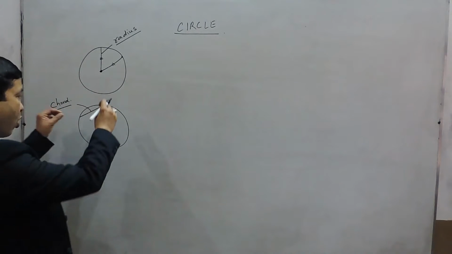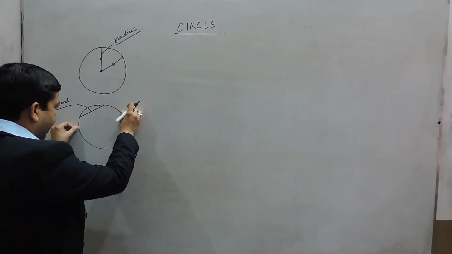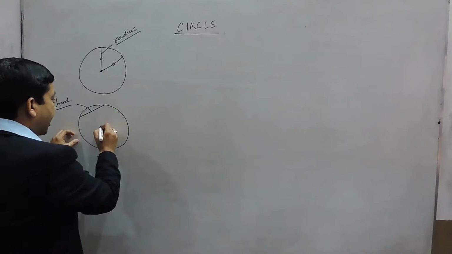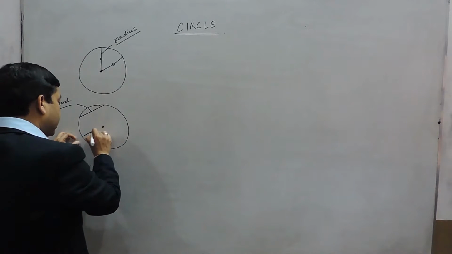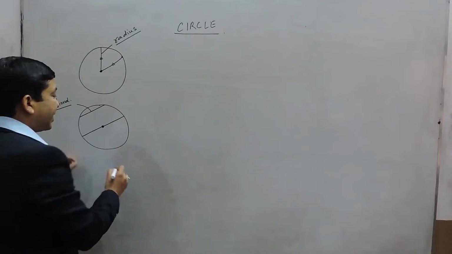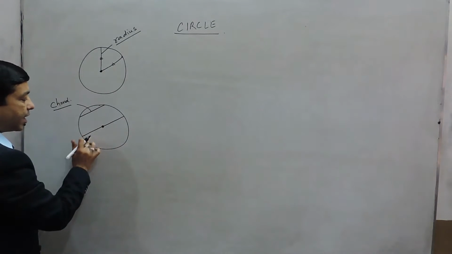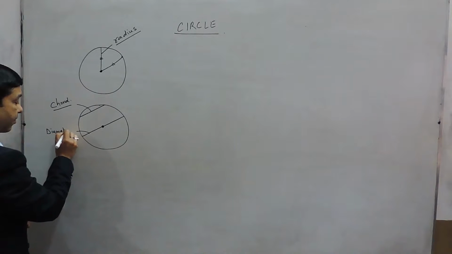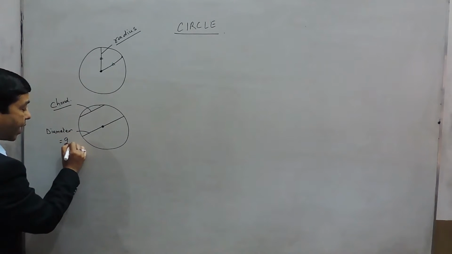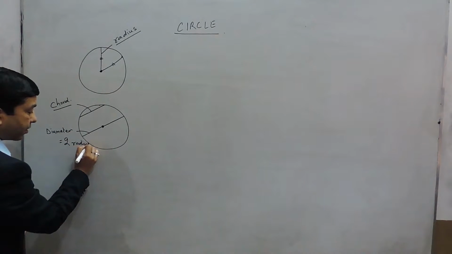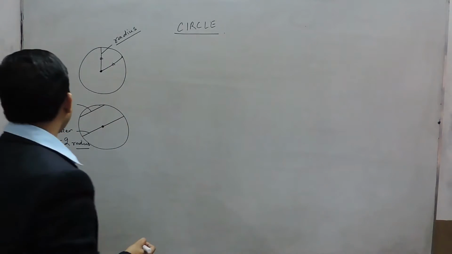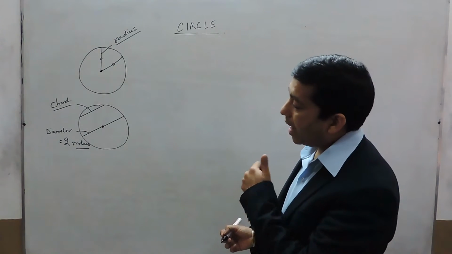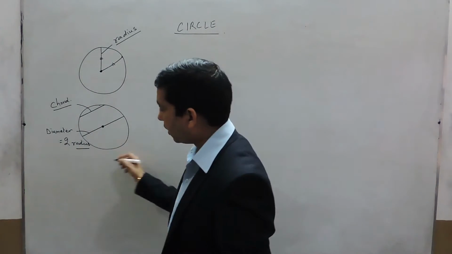If we go towards the center, the length of this chord will keep on increasing, and the lengthiest chord, which has the largest distance, is basically known as the diameter. This is actually twice the radius. So we can say the diameter is also the lengthiest chord in the circle.